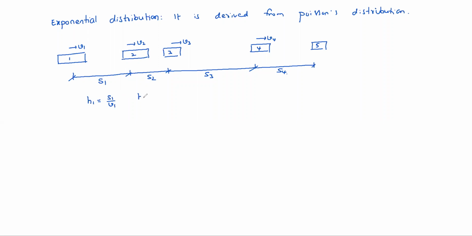H2 is the time headway, that is S2 by V2. Similarly H3 is S3 by V3, and H4 is S4 by V4. Headways you can compute, right? H is nothing but time headway.